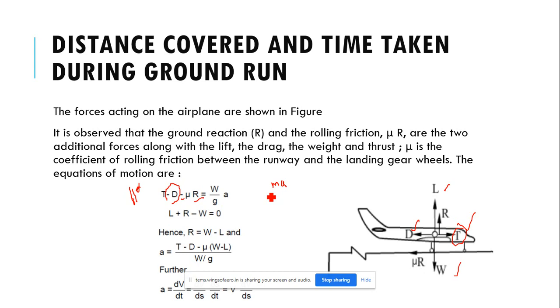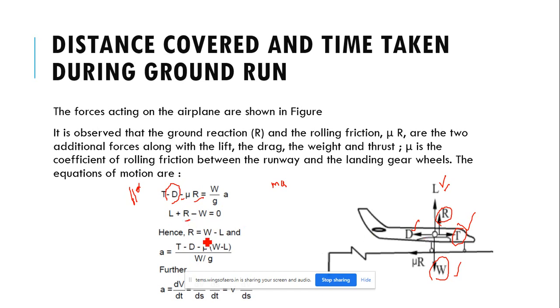Then, considering the perpendicular forces, we won't consider angular velocities, because the aircraft is in normal motion only. The perpendicular forces are lift, minus W, and also the ground reaction R in the positive direction, so L plus R minus W equals 0.